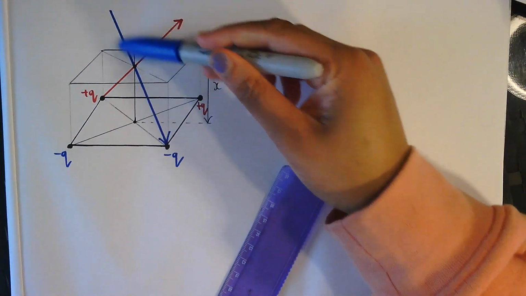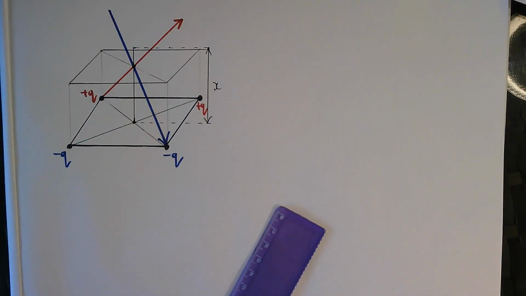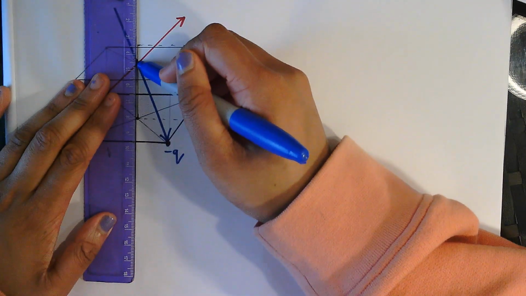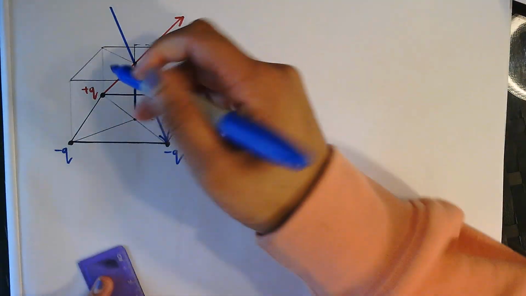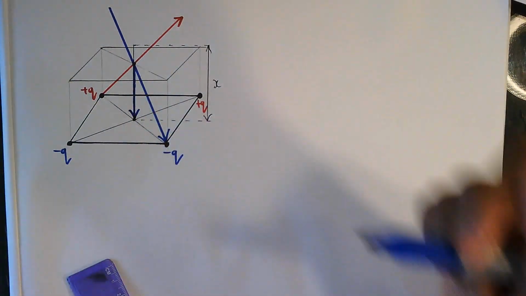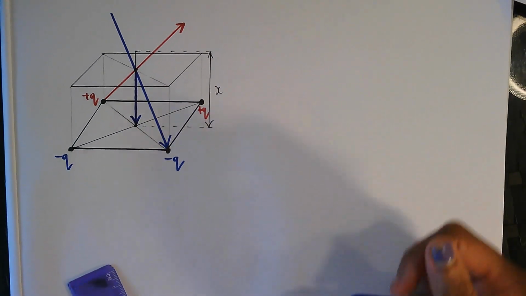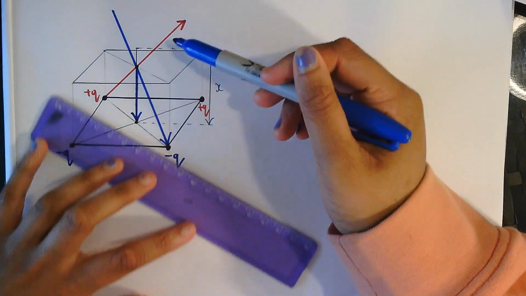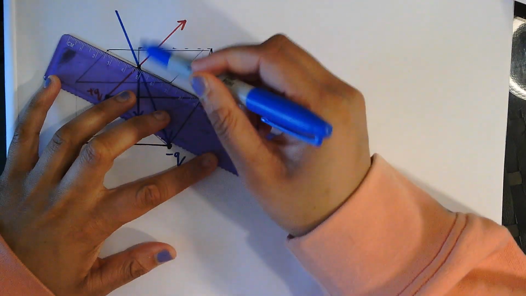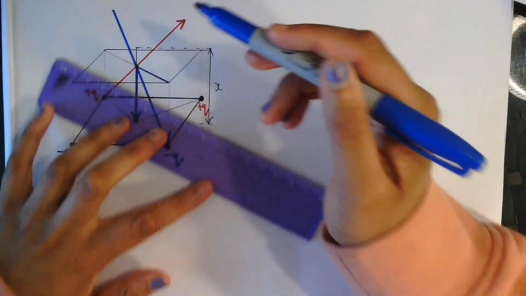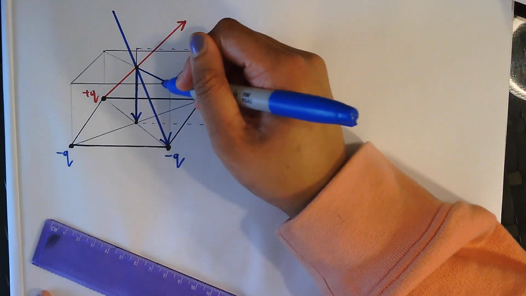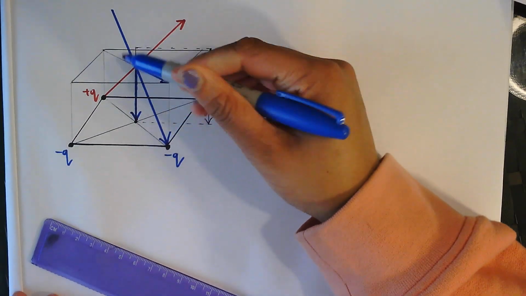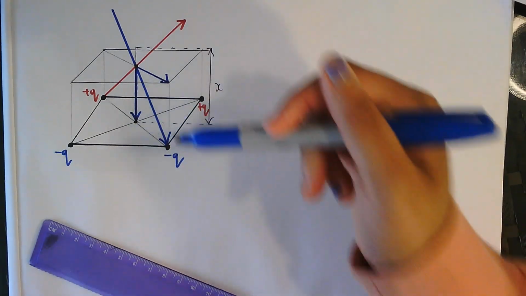So for this electric field, this blue one, its vertical component is going to be like this, coming down, and its other component, its horizontal component, is going to be along this plane here, like this. So these two are the components of this electric field here.